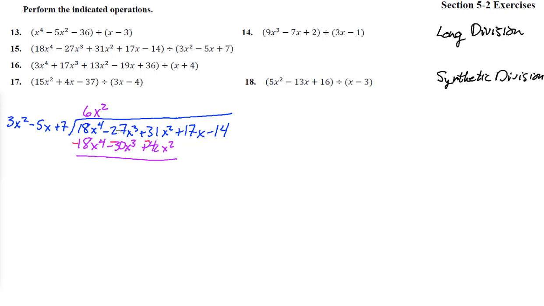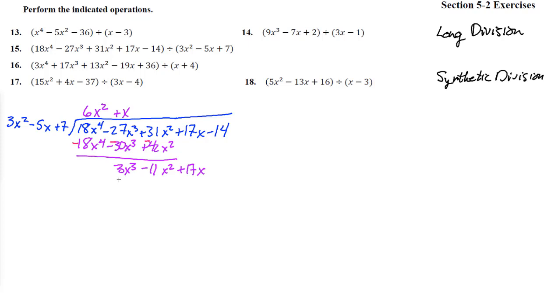Gone. Negative 27 minus a minus 30, that's negative 27 plus 30, that's positive 3x cubed. 31 minus 42, that's a negative 11x squared, and then we bring down the 17x. Okay, good. 3x squared goes into 3x cubed one time, and then x squared goes into x cubed x times.